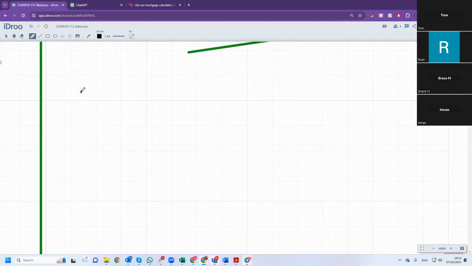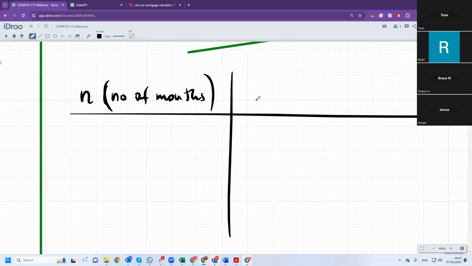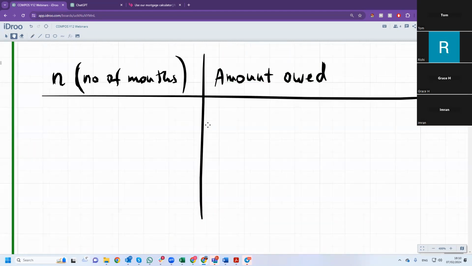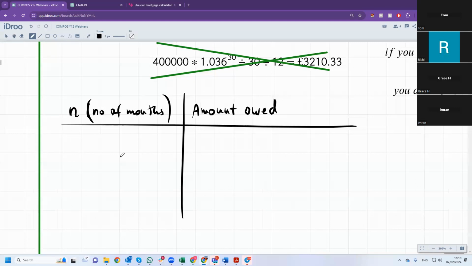So n is the number of months, then amount owed. Okay. So after 0 months, you have taken 400,000.